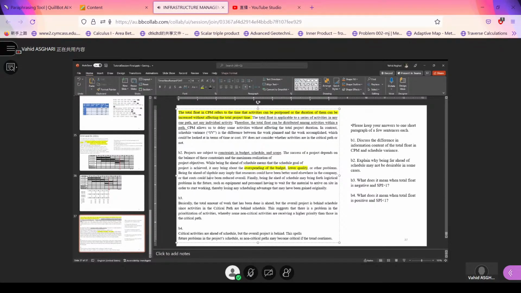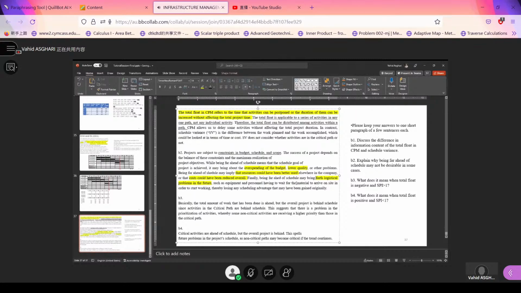Being far ahead of the schedule may imply that resources could have been better used elsewhere in the company, or that costs could have been reduced overall. It relates to the overspending of the budget. Finally, being far ahead of the schedule may bring forth logistical problems, another issue.